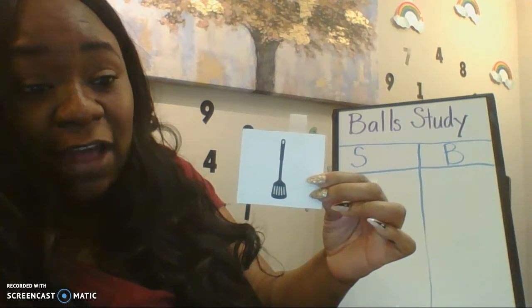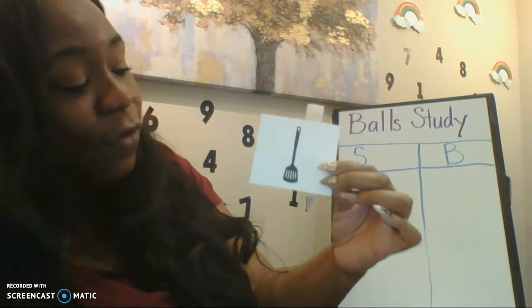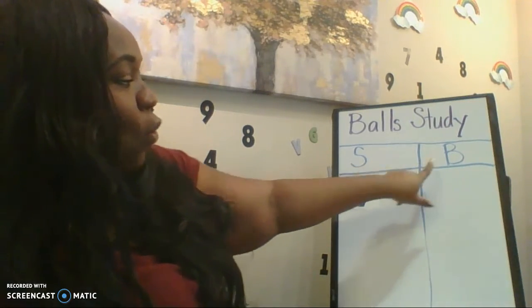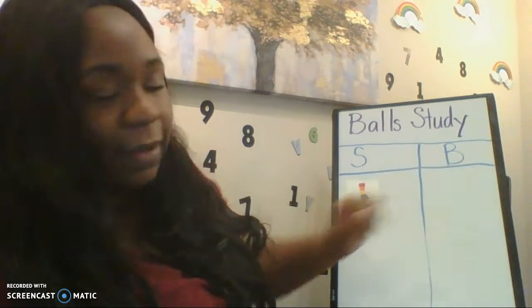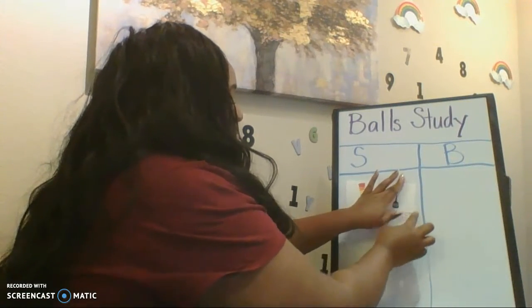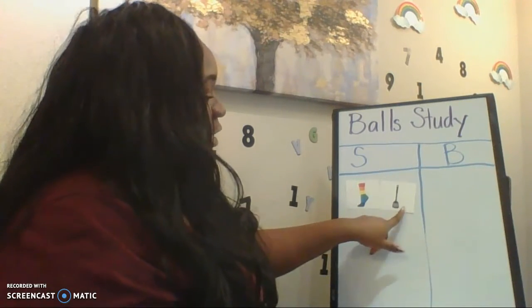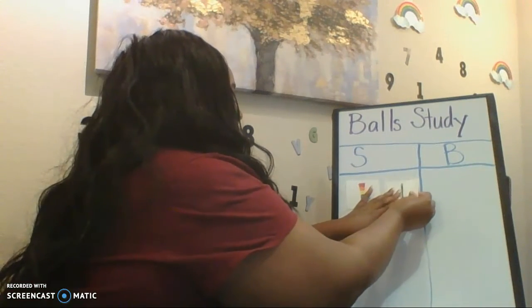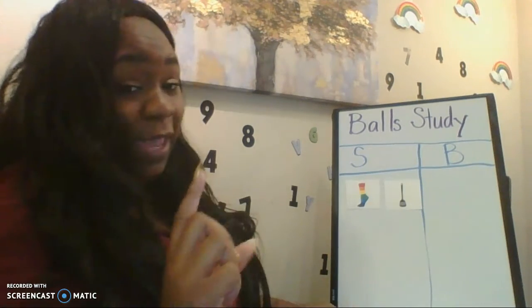Yes, the beginning sound is S, okay? So, should I put that under the S or the B sound? Yes, spatula also goes under S. Sock and spatula have the same beginning sound. You are absolutely right, friends. Kiss your brain.